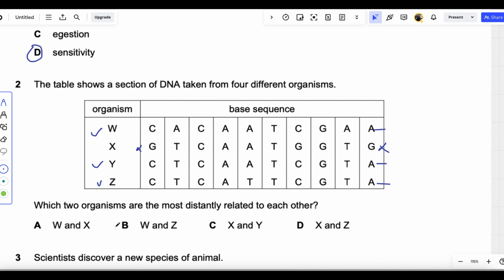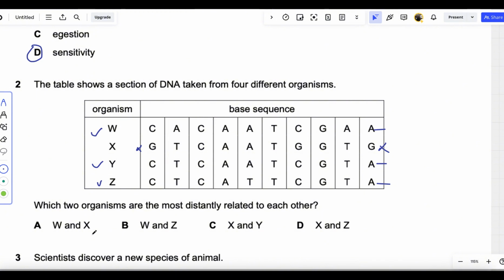But anything benchmarked with X will be distantly related. Now let's take a look at W and X. Yes, you can see C and G, A and T, although we have a little bit of relationship, they are still distantly related. Okay? So you can see that A looks very likely for question 2.